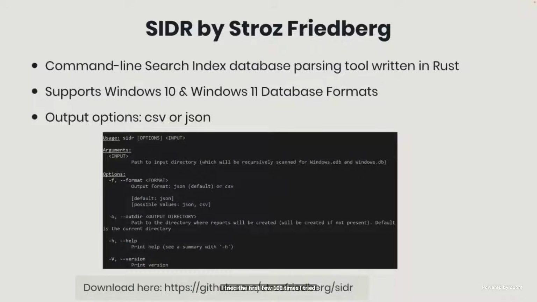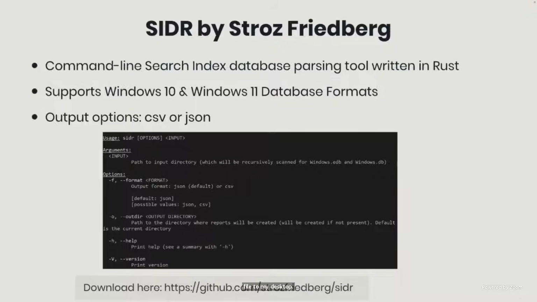I tried to point to the file because I see the -f and I'm like, oh, I'm going to point to the file. No, the -f is pointing to the directory where your files are located. And so in this case, I pointed to my desktop, because I had output the Windows.edb file to my desktop.